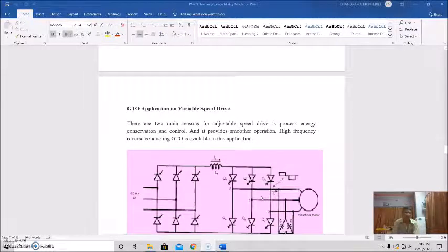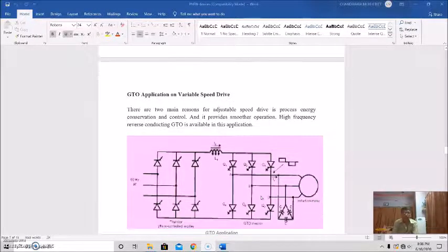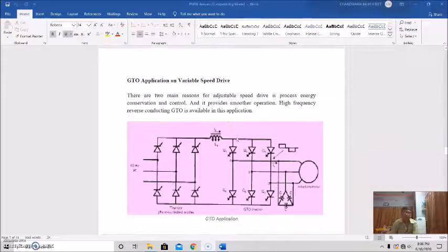Here is the application of GTO in variable speed drives. Two main reasons for adjustable speed drives are process energy conservation and control, and smooth operation. High frequency reverse conducting GTOs are available for this application.